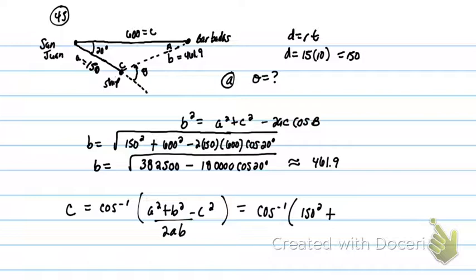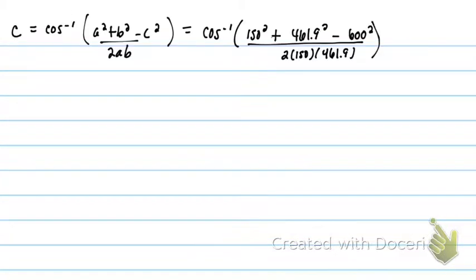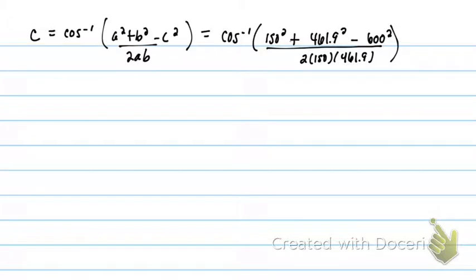B was 461.9. C was 600. Over 2 times A times B. Okay, now I'm going to clean up the inside. I mean, you can get A, but it's kind of a waste of your time. It's C that you need, right?